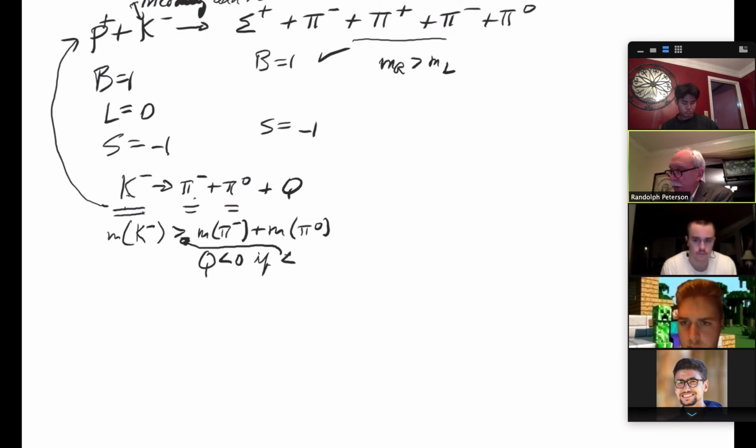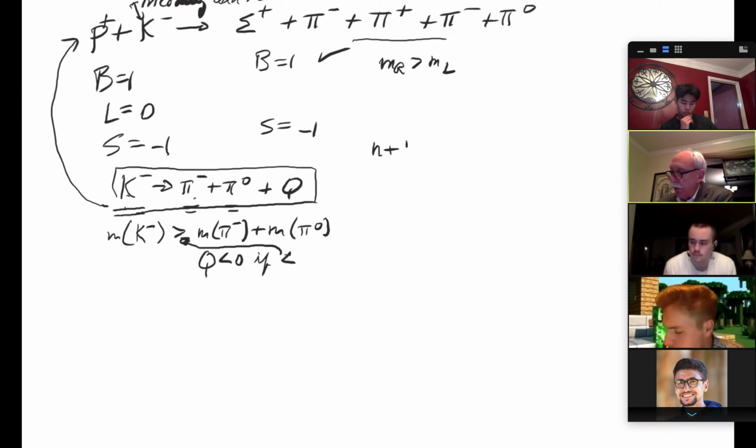Think of this the same way we did when we were doing the nuclear reactions. We might have a neutron plus uranium-235 goes to two isotopes.